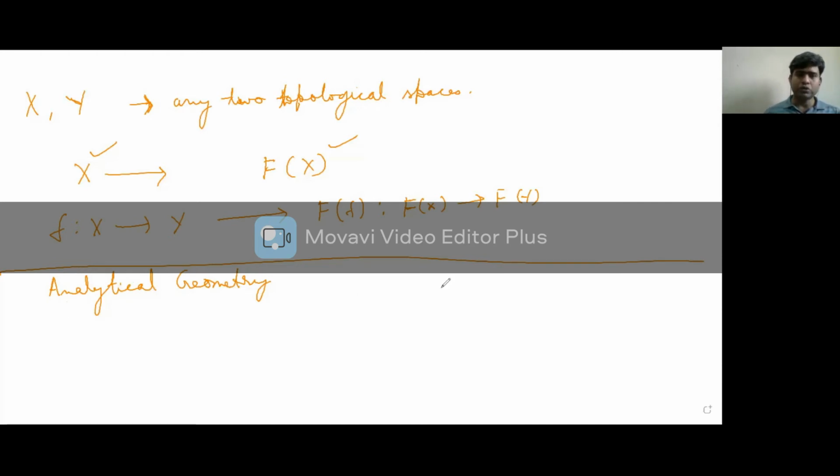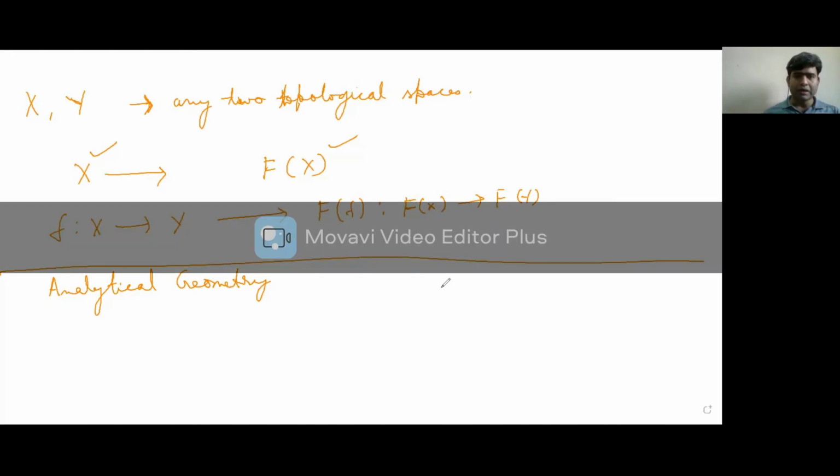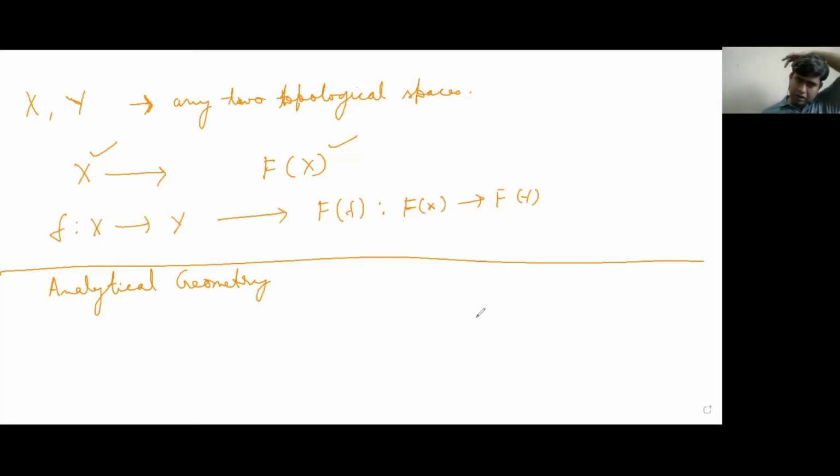And then using those equations, you do your calculation and you decide. You solve the problems in geometry by using those equations. But there is one difference: this process in analytical geometry is actually reversible.